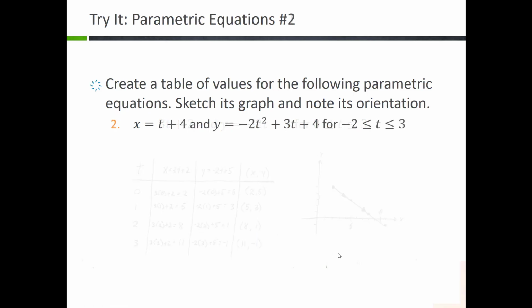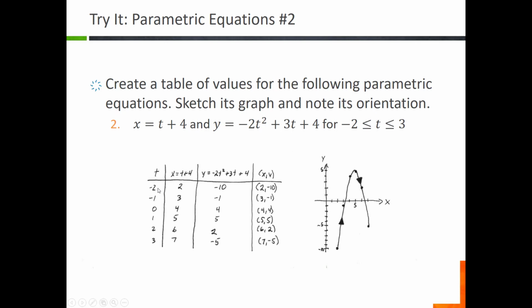All right, let's look at another example. We have x equals t plus 4 and y equals negative t squared plus 3t plus 4. This time let's go from negative 2 to 3. So we're going to do the same process. We're going to take our negative 2 to 3, and I'll just go by whole numbers. We plug that into the x equation and into the y equation, and so we get these resulting values, and pairing them together we get coordinates.